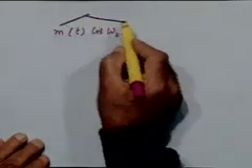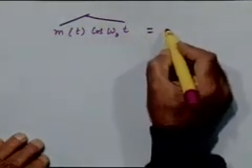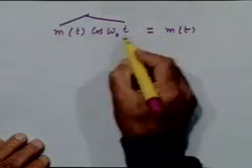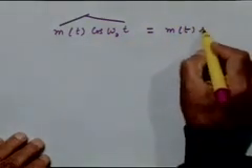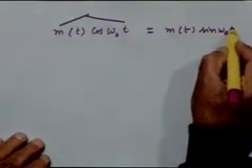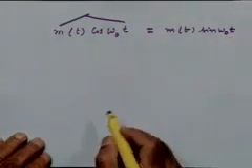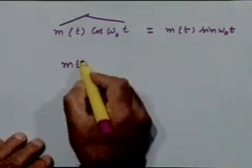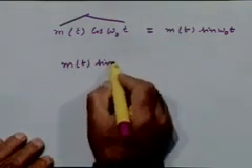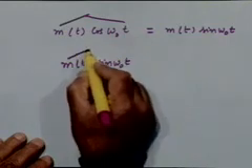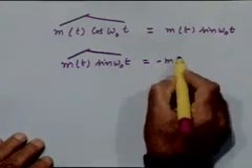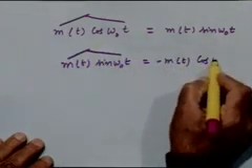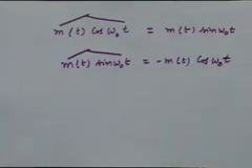And what will happen to the Hilbert transform of this then? If you apply that result, it will become m(t) into the Hilbert transform of cosine omega naught t. So it will be m(t) sine omega naught t, right? So this is a very important special case of that. Similarly, the Hilbert transform of m(t) sine omega naught t would be minus m(t) cosine omega naught t. Are you with me?